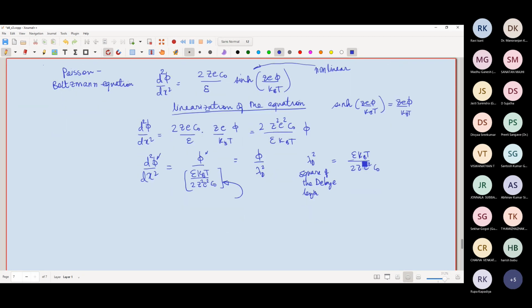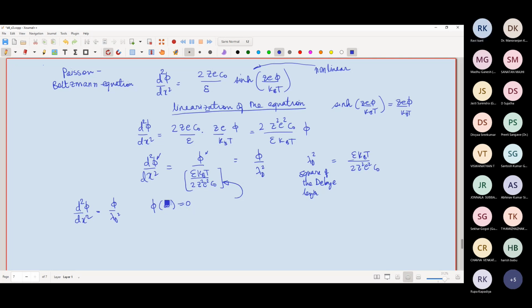Alright, so how can we solve this equation? We have the governing equation. We need two boundary conditions because it's a second order differential equation. So what can be the two boundary conditions? φ at infinity is 0.